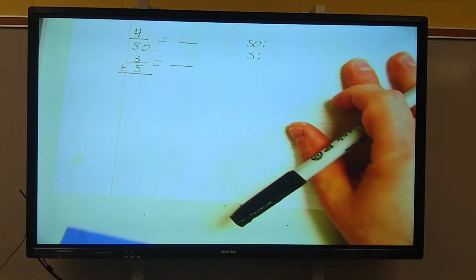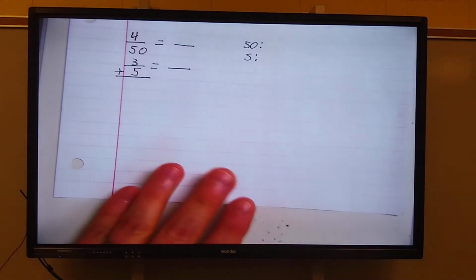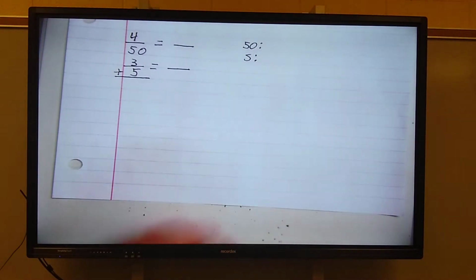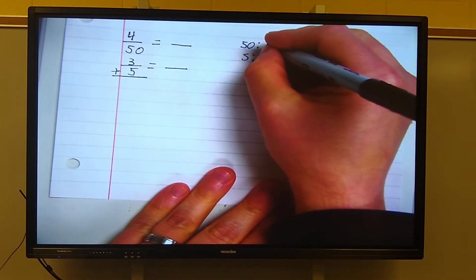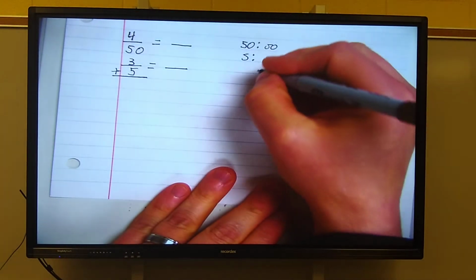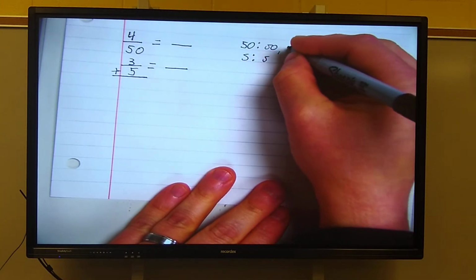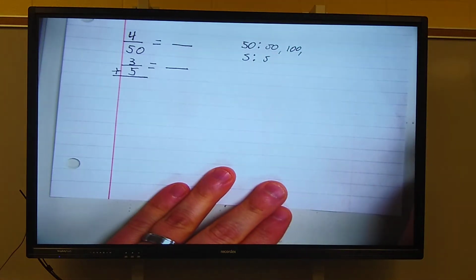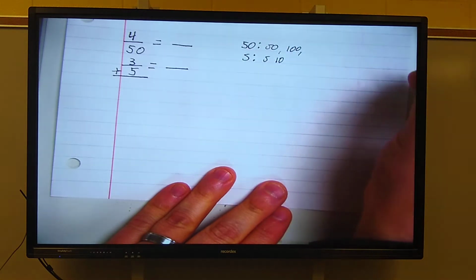Now I must find the new denominator with multiplication, of course, finding the multiples. 50 times 1, 50. 5 times 1, 5. 50 times 2, 100. 5 times 2, 10.